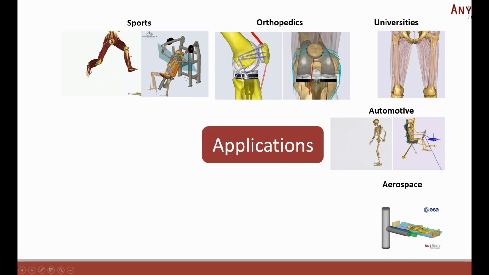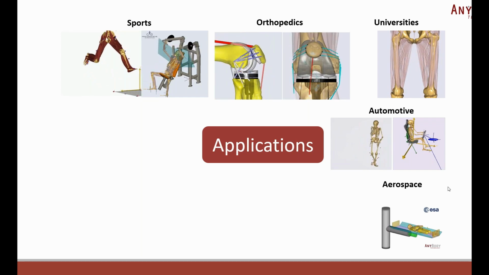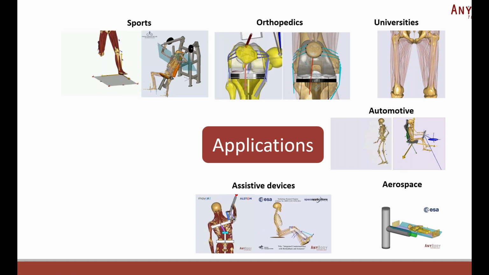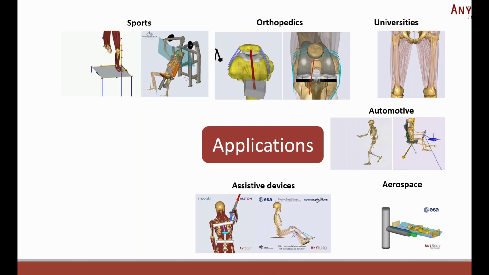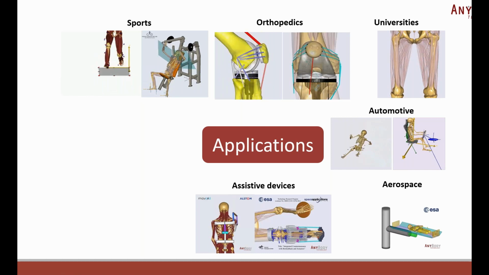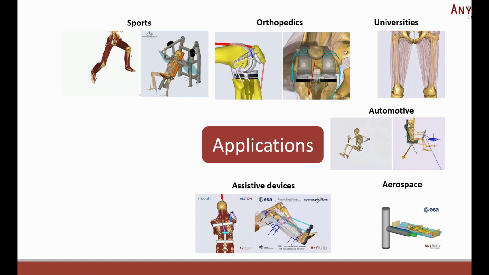Similarly, it can be applied in aerospace for designing, for example, some training devices to be sent onto the space stations. A very hot topic right now is assistive devices and exoskeletons, and you can see them as assistive devices, but they can also be resisting devices.